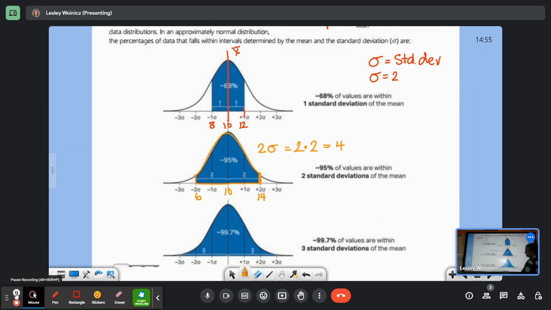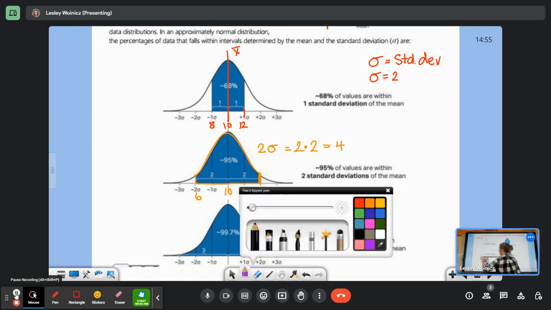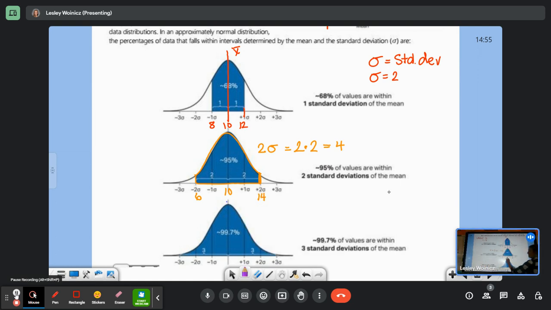Okay, last one. 3 sigmas. Okay, so here's our mean still. Our mean is still 10. Okay, 3 sigmas in this case would be 3 times 2, which is 6. So if I take 10 and add 6, I'm out here at 16. And if I subtract 6, I'm at 4.